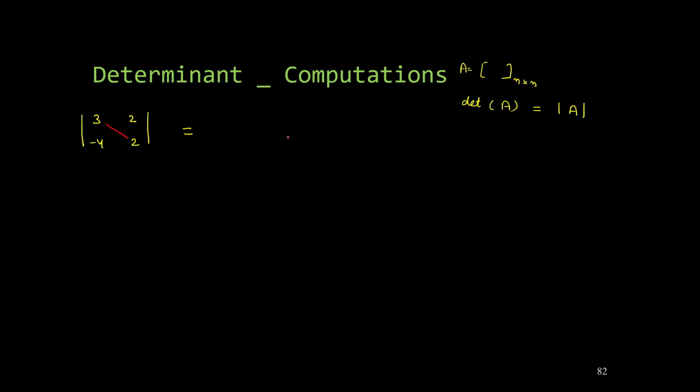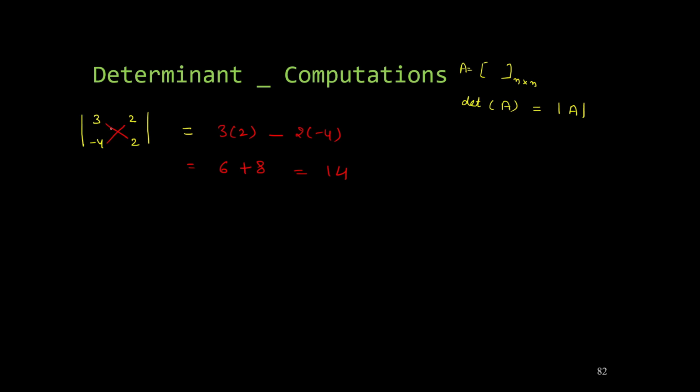So we multiply these two elements. This is 3 multiplied by 2, or we can say 6 minus, and then we multiply these two elements, right? So this would be 2 multiplied by minus 4. So finally we get 6 plus 8. So 14 is the determinant of this matrix. So for a 2 by 2 matrix, it's quite simple.